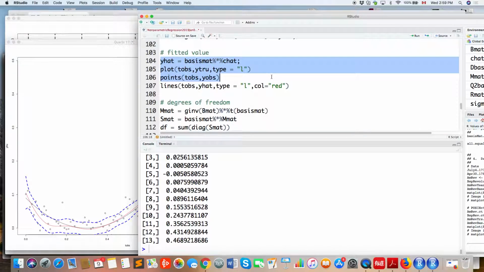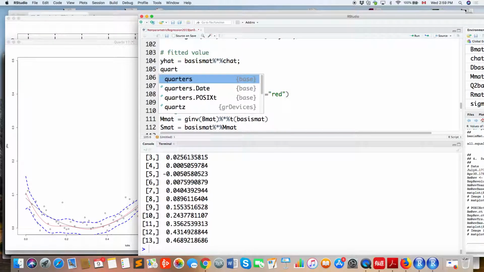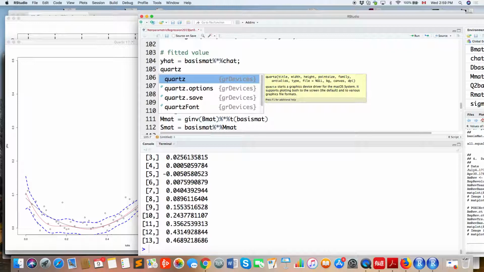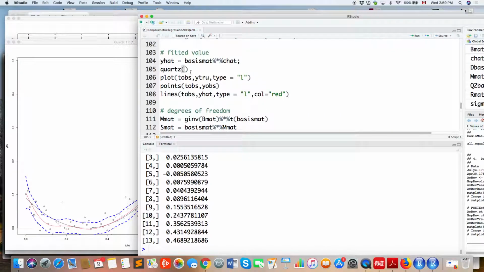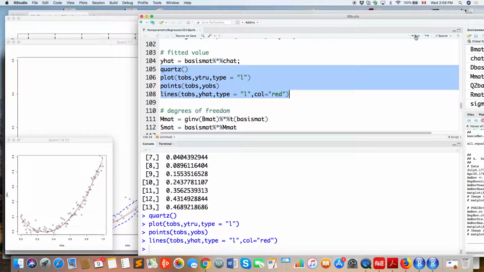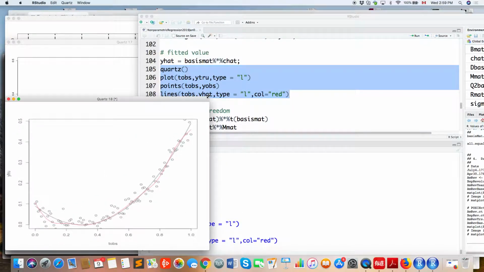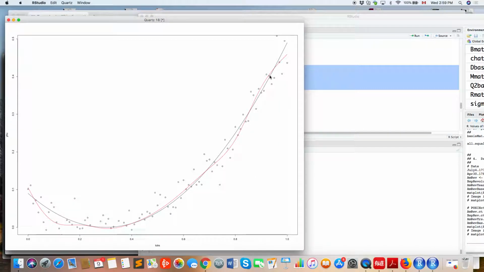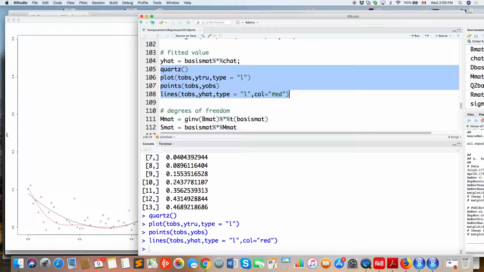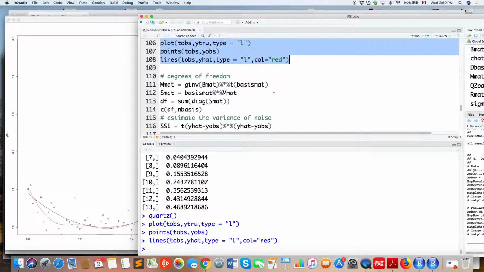So we can look at how close the fitted curve is to the true curve. The black one is the true curve, and the red one is our estimated curve.